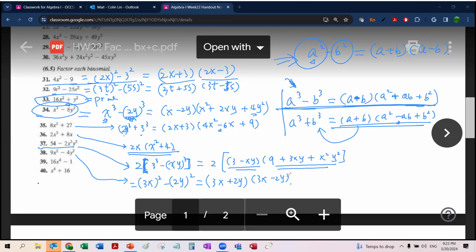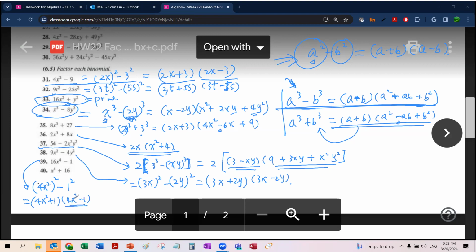No? Okay. Let's see 39. 39. So this one can change into 4x squared minus 1 squared. So right now we can break it down into 4x squared plus 1, 4x squared minus 1. And these two can continue breaking down, right?